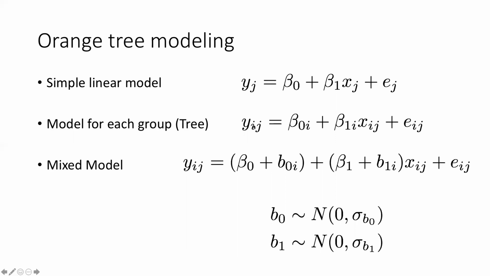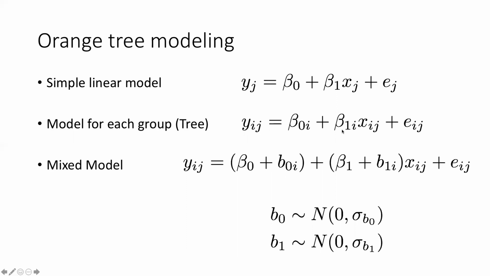Now I'm using the subscript i to denote the group here. So each individual tree would be a different value of i, and a different value of j would be a different point in time here. So we could have a separate beta 0 for each individual tree, and a separate slope, beta 1, for each individual tree.